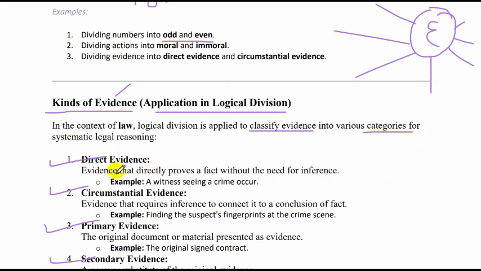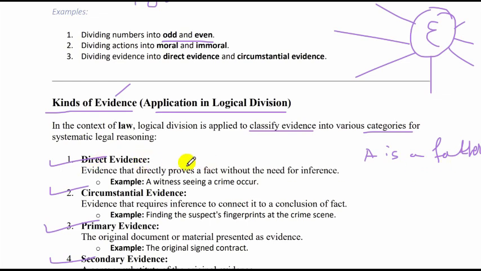Direct evidence: evidence that directly proves a fact without the need for inference. We need not make any inference to come to the conclusion. For example, A is a father, which means A is a man. This is direct evidence that A is a man.